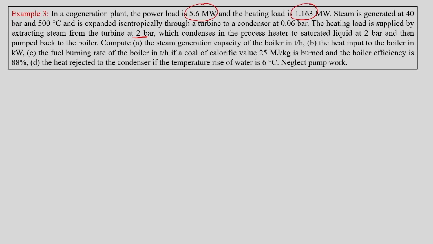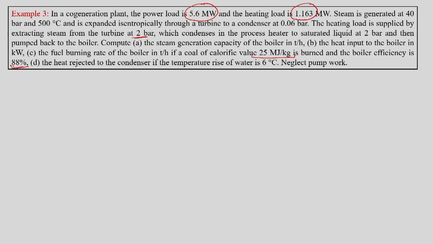Then we are expected to compute the steam generation capacity of the boiler in tons per hour, heat input in the boiler, and then fuel burning rate in the boiler in tons per hour. We are given that the calorific value of fuel is 25 megajoule per kg of fuel and boiler efficiency is 88%.